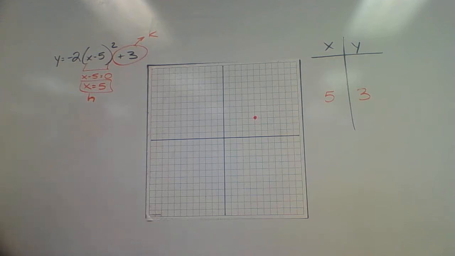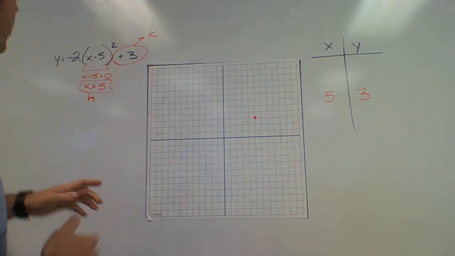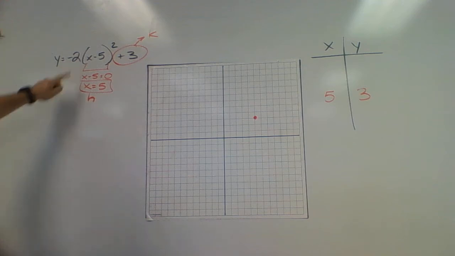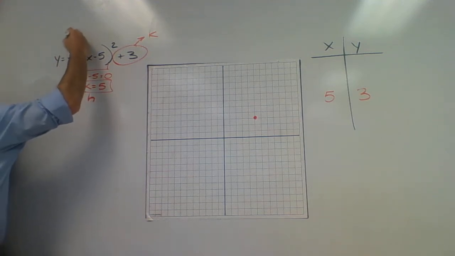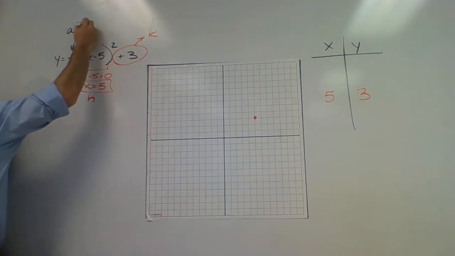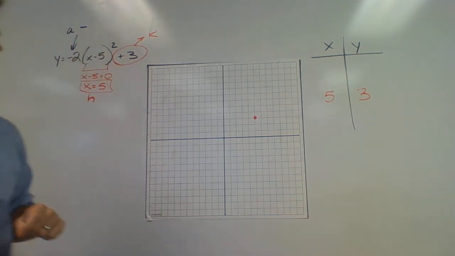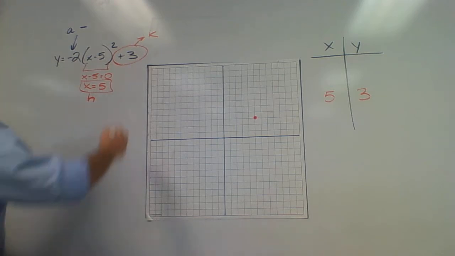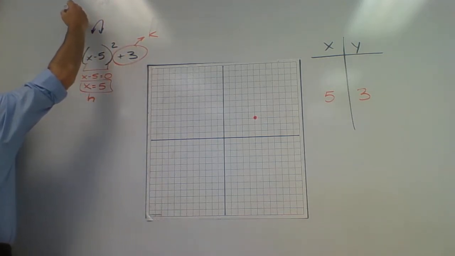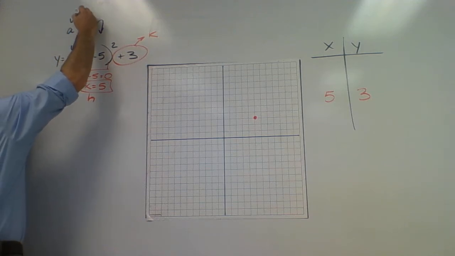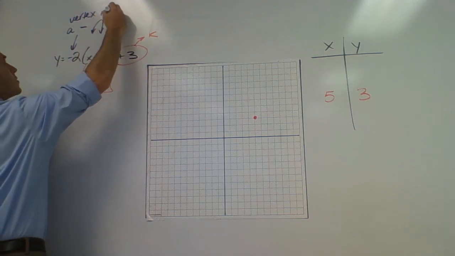Now it's probably not a terrible thing to know, but if I take a look up here, our a value is -2, so we do know that because our a value is a negative number, our parabola is going to be going downwards, which means our vertex is a max.